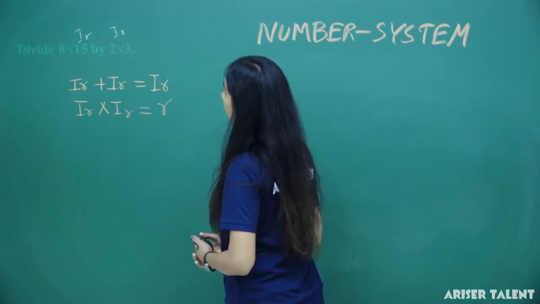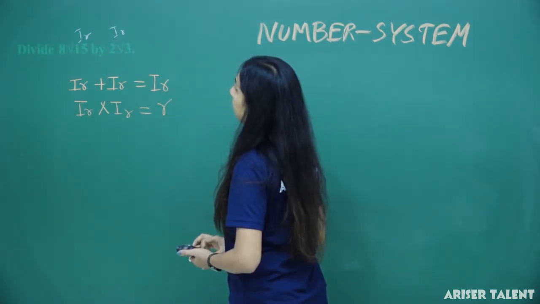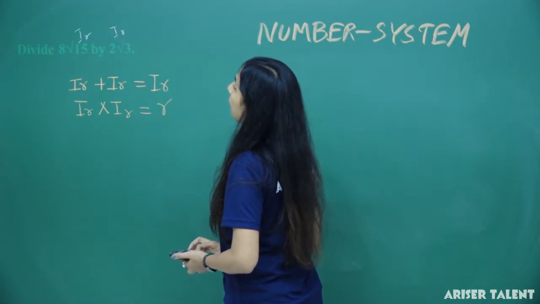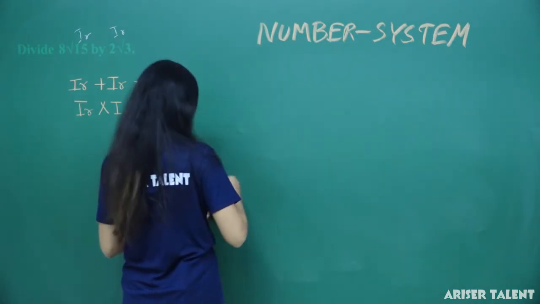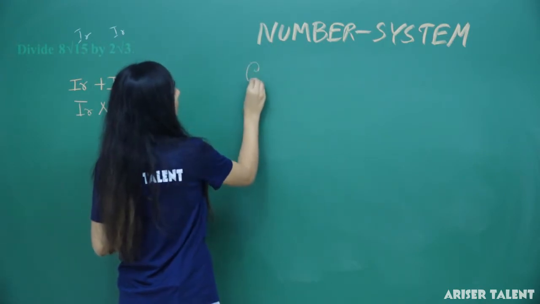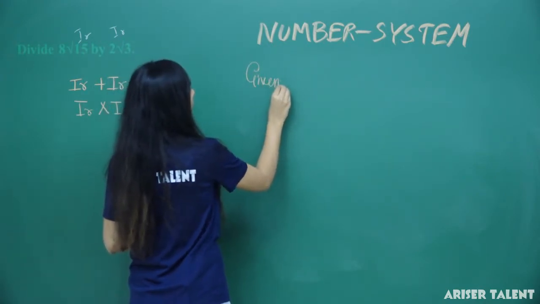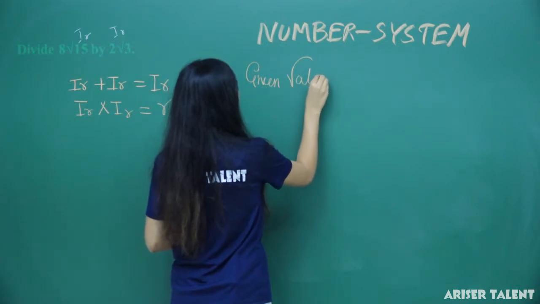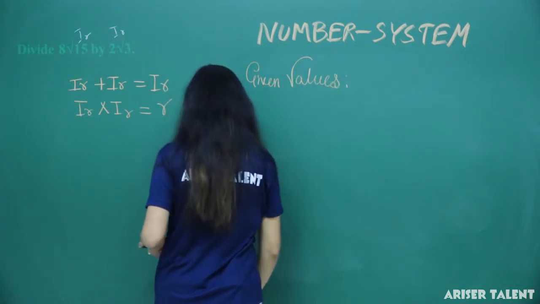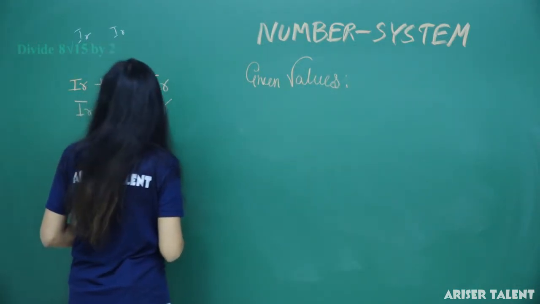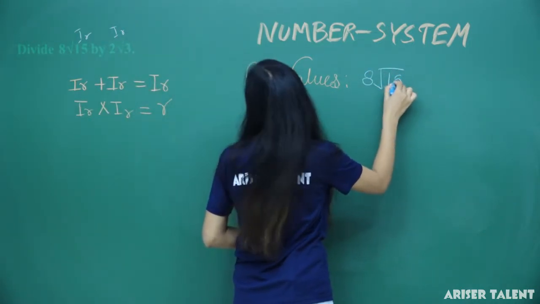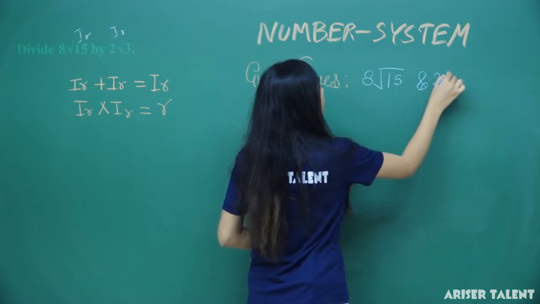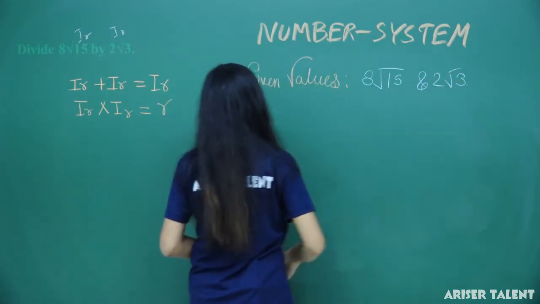Then I have this: divide 8 root 15 by 2 root 3. So, here, what are the given values, students? Given values are 8 root 15 and 2 root 3.